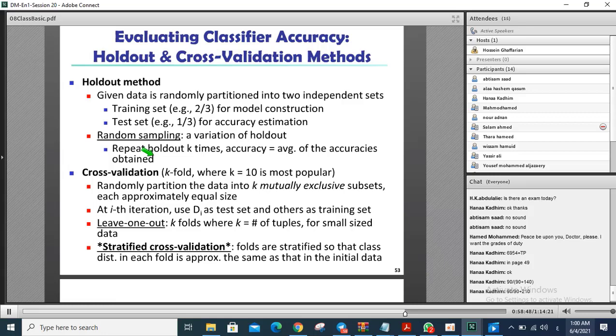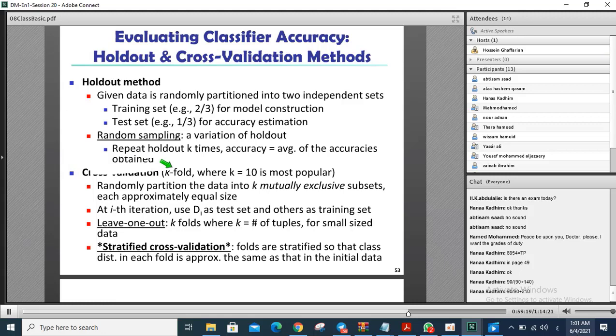So if you are using a holdout method, you cannot focus on the first results that you obtain from the classifier. You need to reclassify and redo the classification.